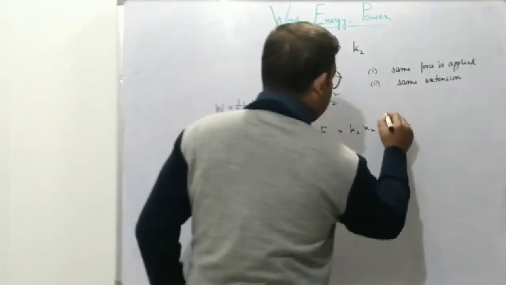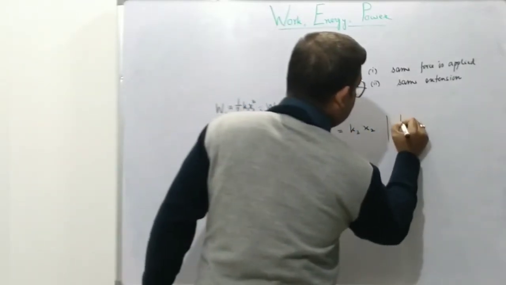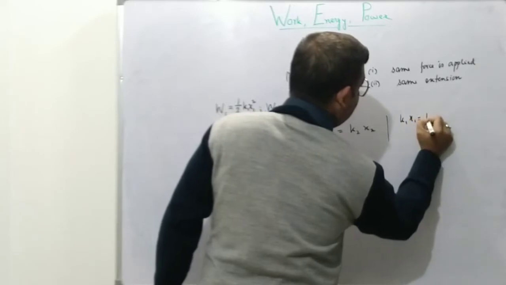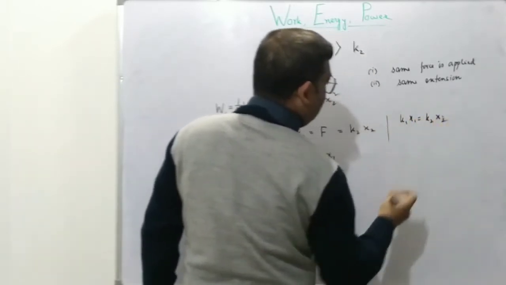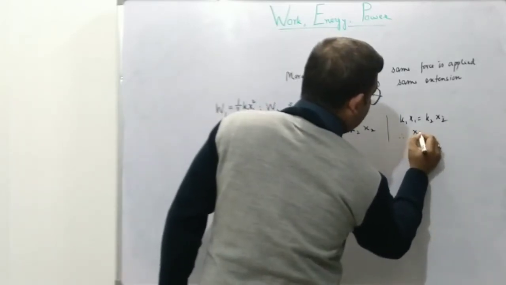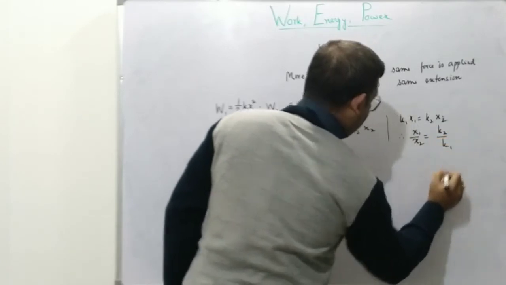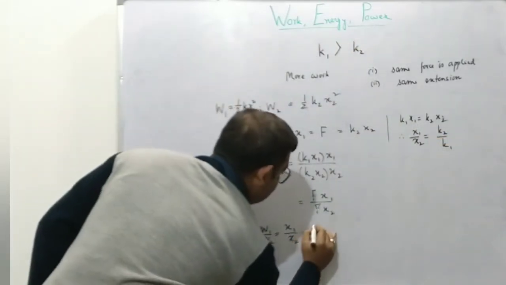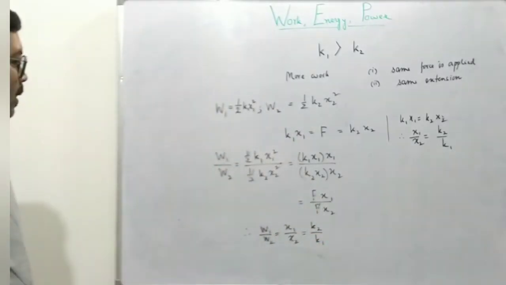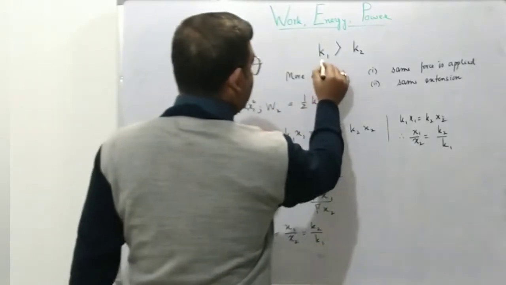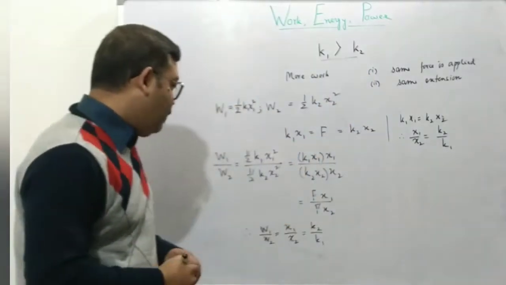Now, if we consider this equation K1 X1 equal to F equal to K2 X2, which gives us K1 X1 equal to K2 X2, which means that X1 upon X2 will be K2 by K1. So W1 by W2 is equal to K2 by K1. Now, at the initial condition we have been given that K1 is greater than K2, or K2 is less than K1.